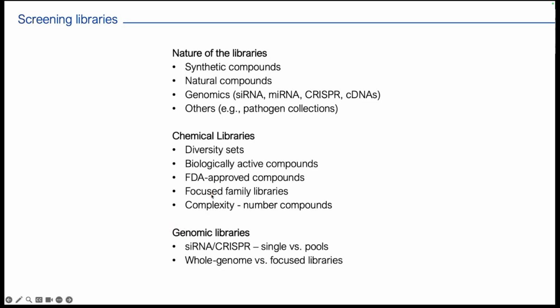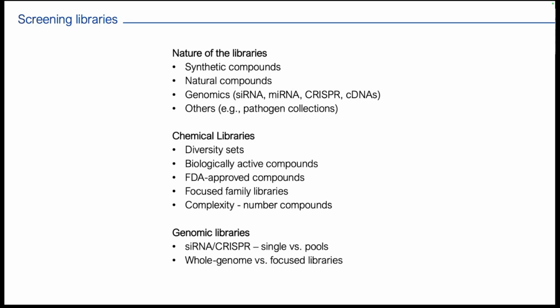If we consider genomic libraries, again, here we have different choices. We can go for single oligonucleotide libraries for siRNAs and CRISPR, for example. We can do also pools. We'll come back to this in a little bit. And again, like before for the chemical libraries, we could screen the whole genome if we have a broad question, or we can go for more targeted screenings if we have more specific questions.